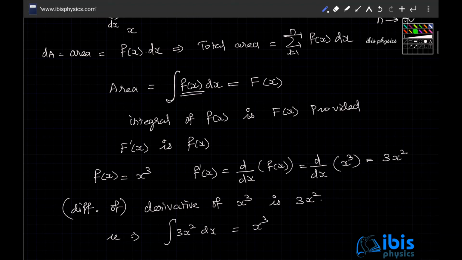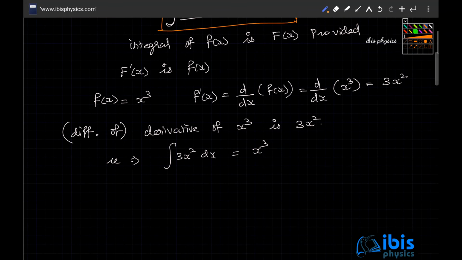This is the meaning of this statement. If the differentiation of the result is this function, then this function's integration value is this. So this is like an antiderivative. So integration is the antiderivative.